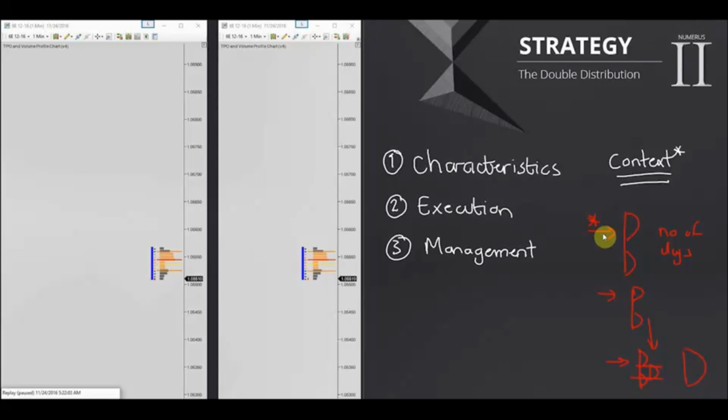Now, the first thing to understand is that we need to talk a little bit about the context of what was happening in the euro-dollar FX before we started with this distribution. If we look just towards the left side, on day 1 we had effectively a big double distribution where the market had formed 2 separate little areas of acceptance.